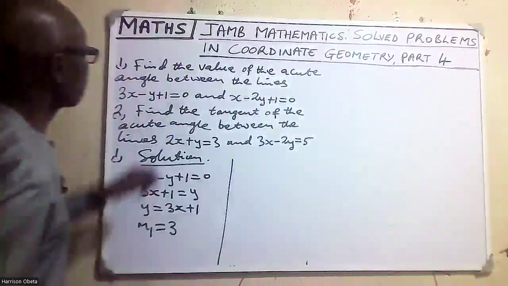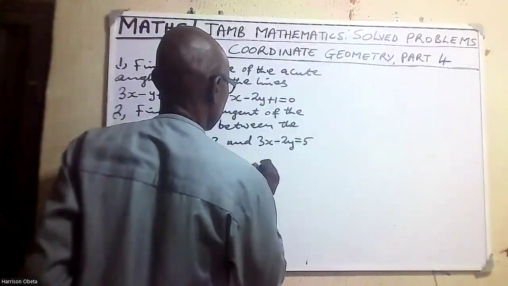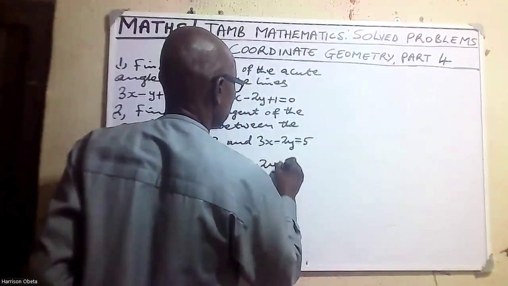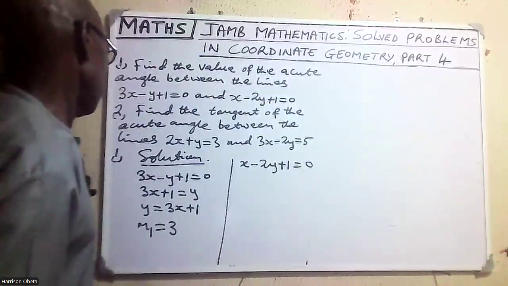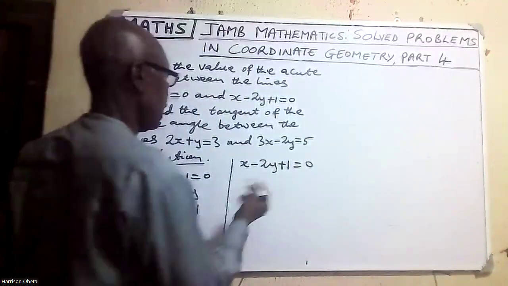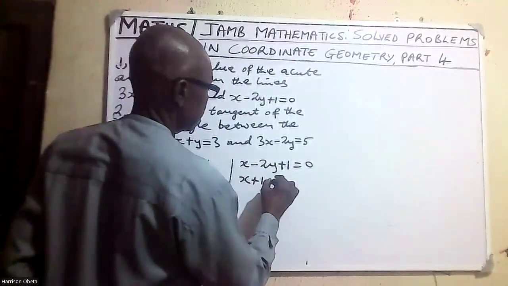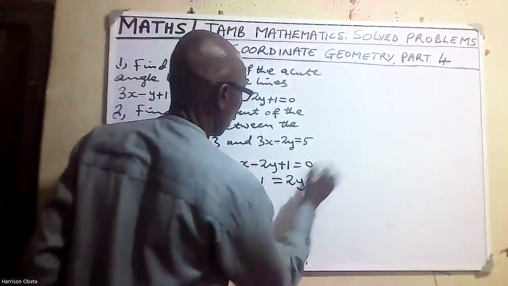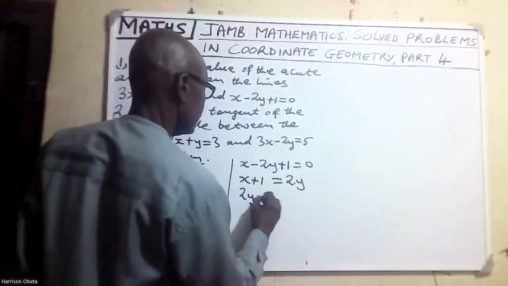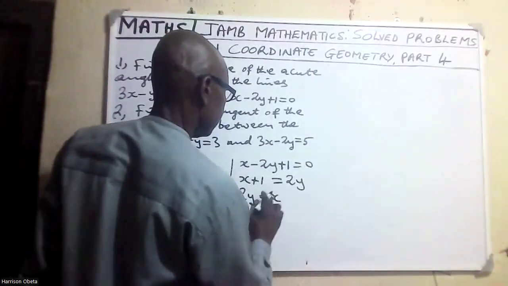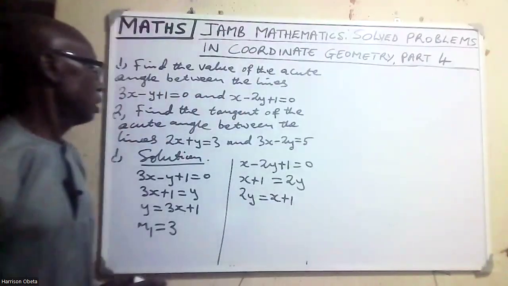Then the second one, we have x minus 2y plus 1 equal to 0. Collecting terms together, we have x plus 1 to give us 2y. That means we can write 2y is equal to x plus 1.